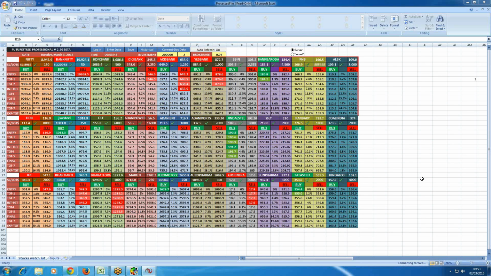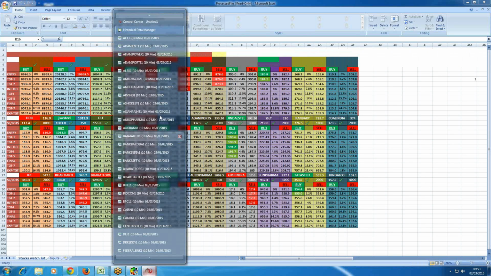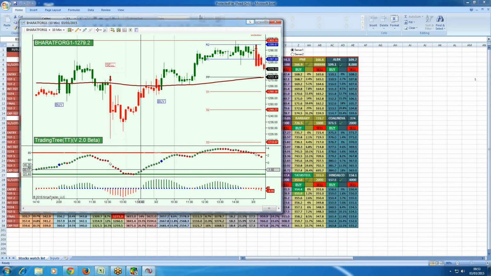So Bharat Forge, let me just check the chart. You know that your next target is 1272 here. You can just see that the PP line and the brown line, that becomes your next target for Bharat Forge.